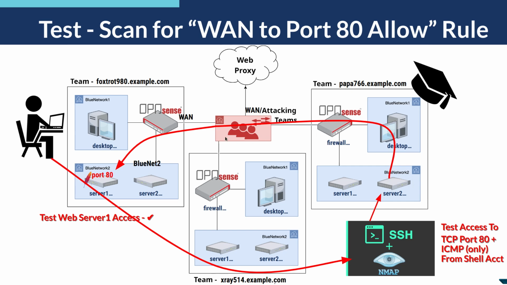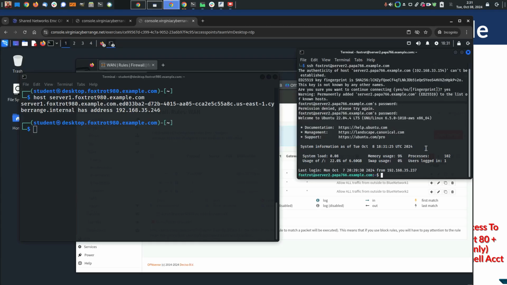So I can't currently get Nmap scans, but ping, I should be able to ping right now. If I do a ping count 1 of server 1, right now it should work, right?